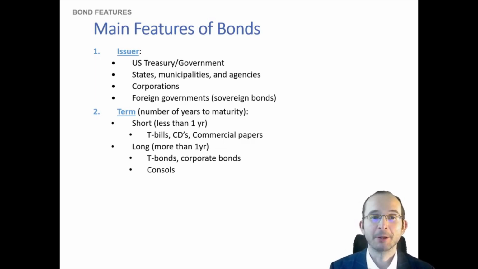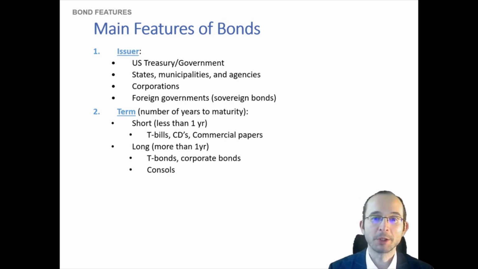As we talked about in the definitional landscape of financial assets lecture, we call short maturity debt anything less than a year, and anything more than a year we call a long maturity debt contract. An example of short maturity debt would be a treasury bill or a certificate of deposit or commercial paper.